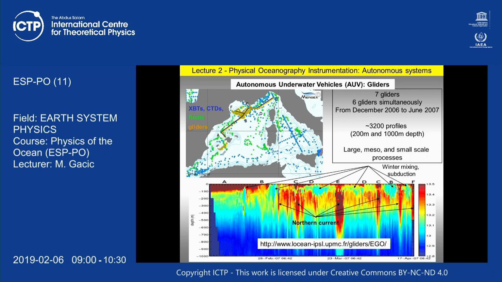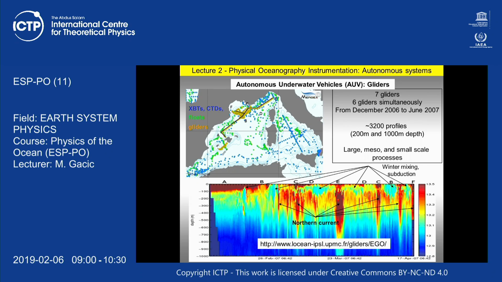Again, time and depth, because you always have to transform this into position. Indeed, you can see here there are the positions, but there is also time, and the position is determined when it surfaces. You can see the various structures which are associated with the current, with the transport of the warmer water across the transect.